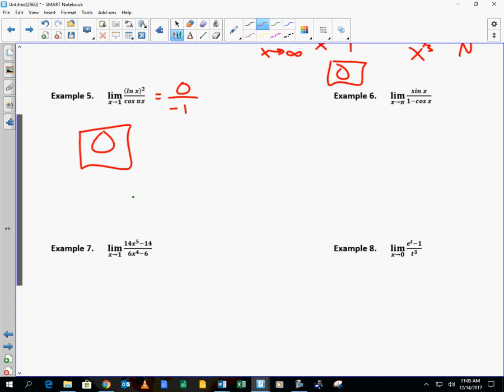Sine of pi, 0, divided by 1 minus cosine of x. So cosine of pi is negative 1, 1 minus negative 1, negative 2. Is that indeterminate? No, so the answer would be 0.